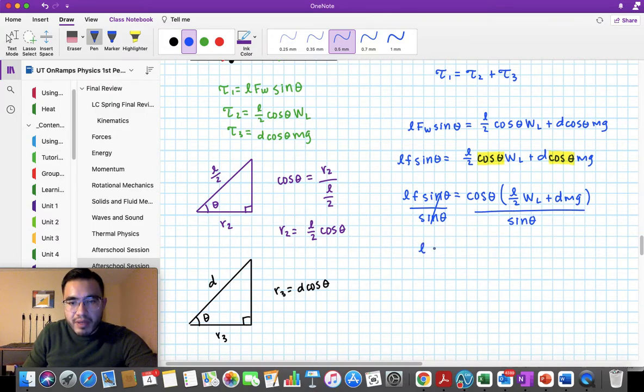So then I have length times the force of friction equals half the length of the ladder times the weight of the ladder, plus dmg in parentheses, divided by the tangent of theta. Now I'm trying to solve for force of friction.